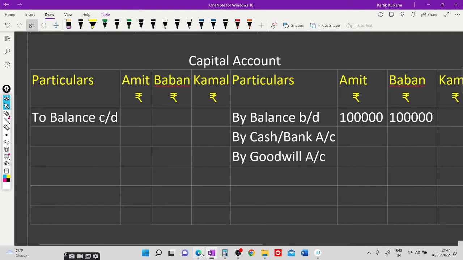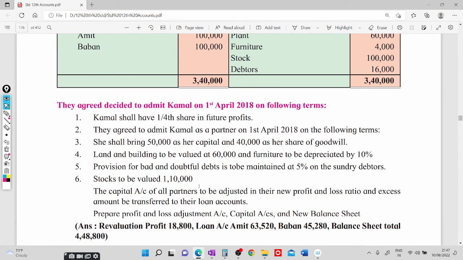Now let's go to adjustment number 1. Adjustment number 1 tells us that Kamal shall have 1/4 share in future profits. So out of 4 parts, Kamal will be sharing 1 part. If you divide the profit by 4 parts, 1 part will be shared by Kamal. So what remains for Amit and Baban, the old partners, is 3/4.